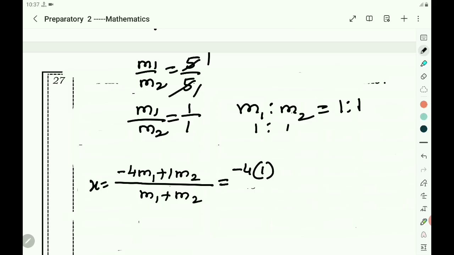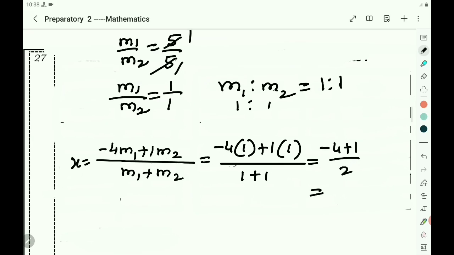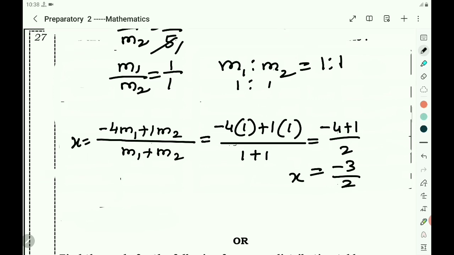Minus 4 into 1 plus 1 into 1 by m1 plus m2 is 1 plus 1, equals minus 4 plus 1 by 2 equals minus 3 by 2. You got x equals minus 3 by 2.